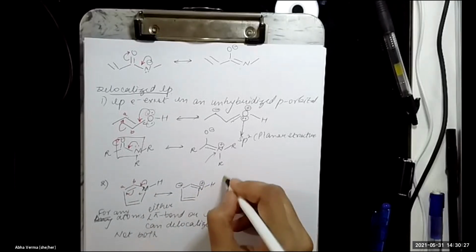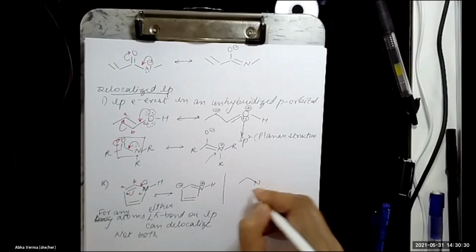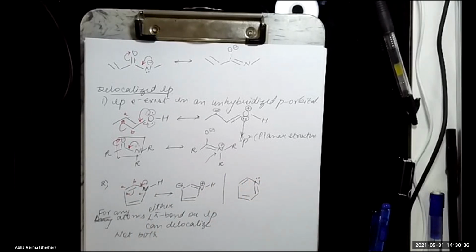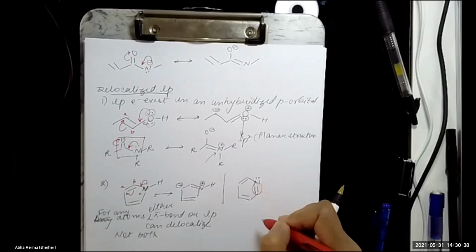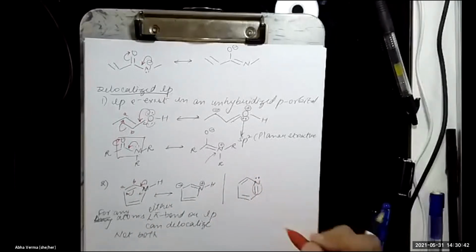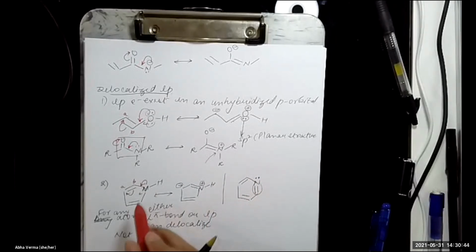But what if I have an sp2 hybridized atom? Now my pi bonds can move, but not the lone pair. The reason is in the sp3, I have a tetrahedral system, the p orbital lone pairs are perpendicular to this plane.